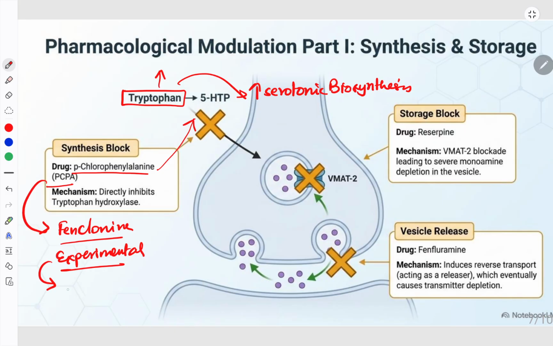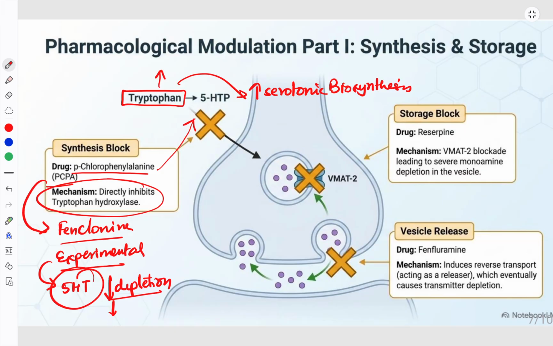By inhibiting this enzyme in the experimental animals, it can cause 5-HT depletion, and can be used to induce hyposerotonemia in the experimental animals. Just to clarify, this molecule acts by directly inhibiting tryptophan hydroxylase.